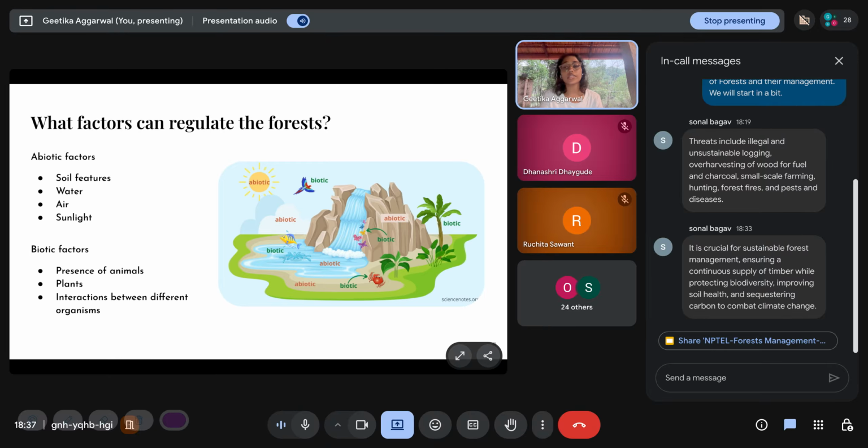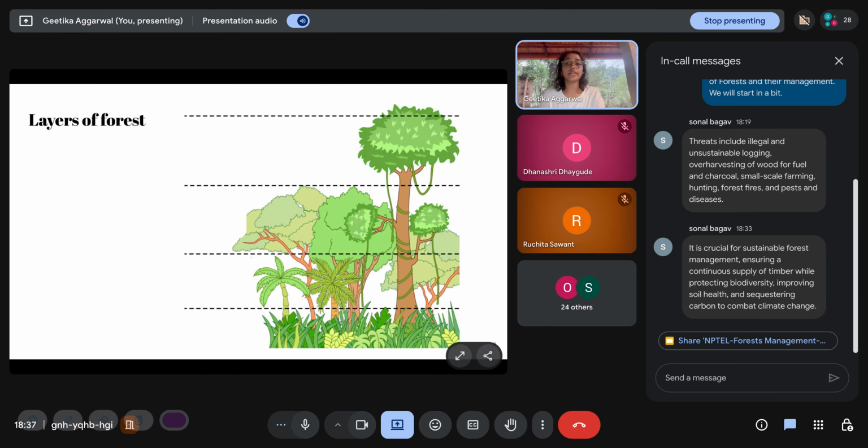And biotic factors include the presence of animals, the presence of plants, and the interactions between different organisms, how different organisms are interacting with each other, and how that regulates the forests and the forest stand that we're talking about. Right? So, the factors that regulate forests can be divided into abiotic and biotic factors, which impact not just forests, but everything on the planet.